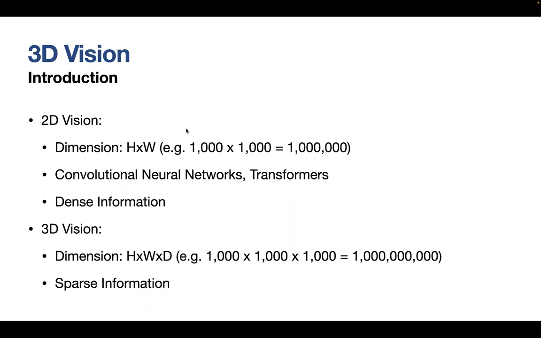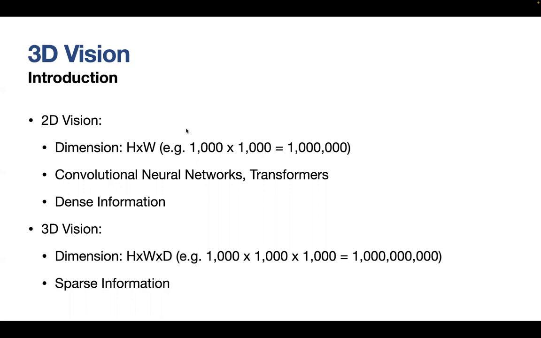However, when we move to 3D, if we naively want to represent it using the same method, then our dimensionality would be height times width times depth. If it's 1,000 by 1,000 by 1,000, then the number of values we need to represent a scene directly goes to billions, which would correspond to a gigabyte.